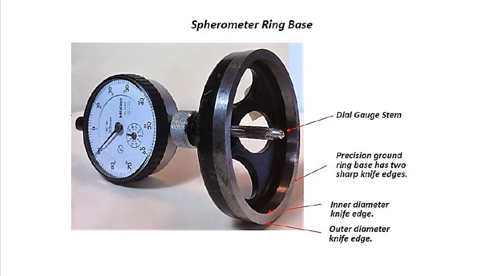So that's your position ground. Ring base is very important because it stabilizes this measurement device, so you can get an accurate measurement of the sphere that you are measuring. When you look at this ring base, it has two sharp knife edges.